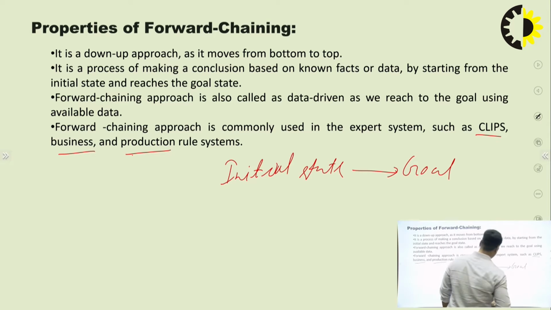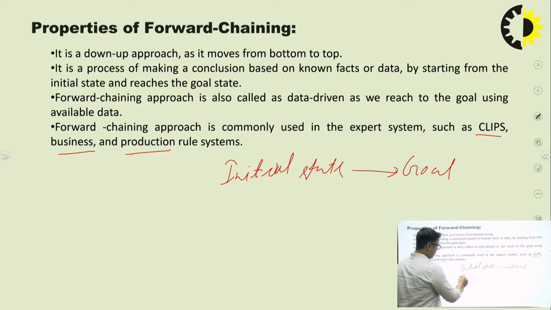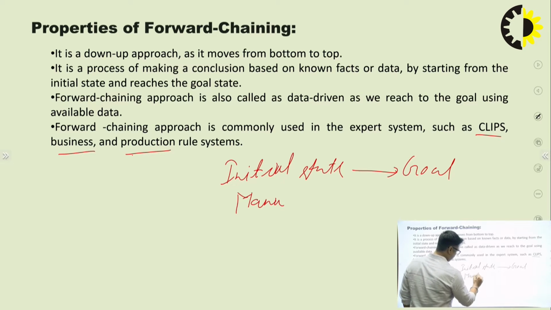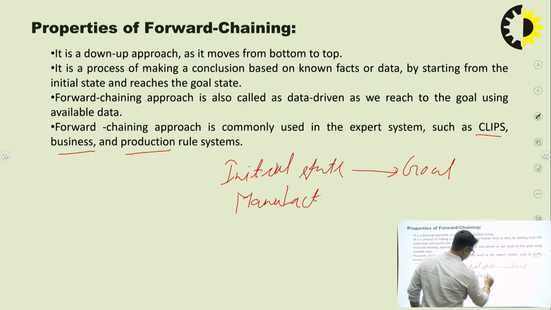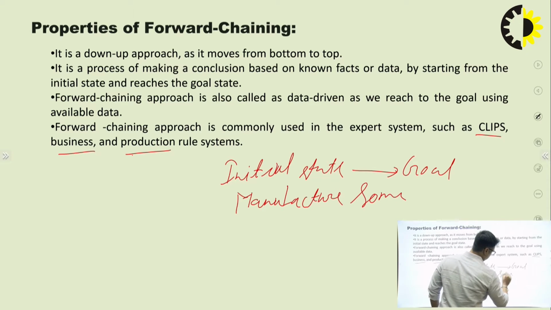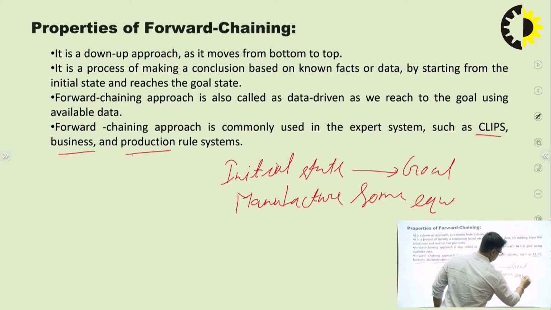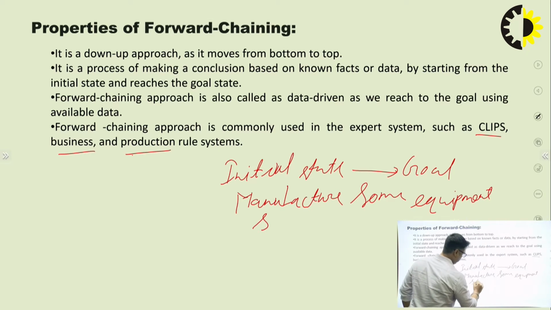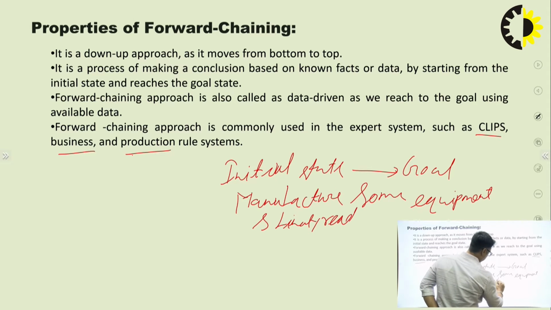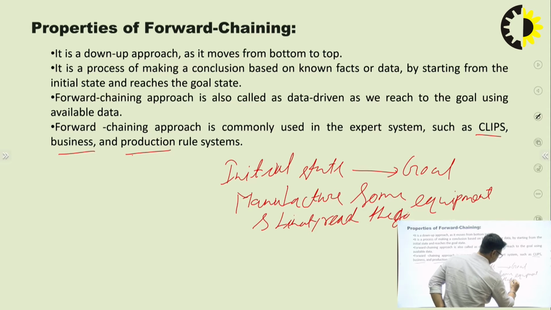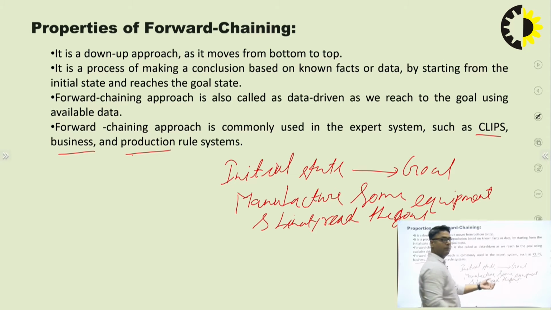For example, in a production part, first you manufacture some equipment and finally reach the goal. That is a part of forward chaining.